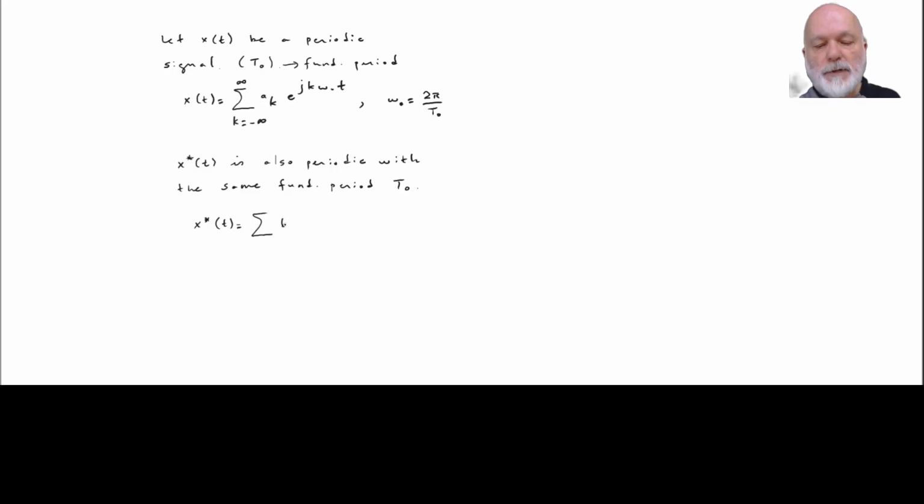Let us call the Fourier coefficients bk, e to j k omega 0 t, k running from minus infinity to plus infinity. So how can we evaluate the Fourier series coefficients bk in terms of ak, the Fourier series coefficients of x of t?